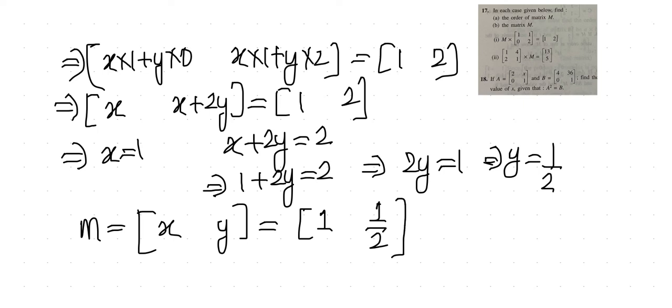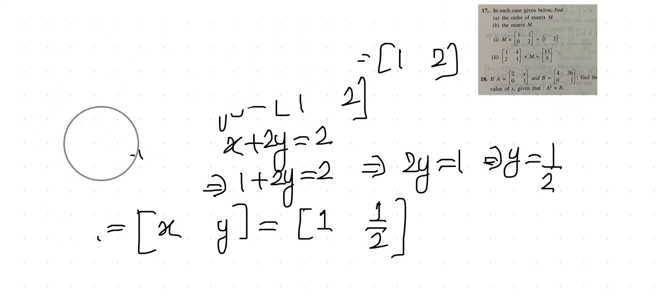Okay, so this is the way you will find the matrix. For an unknown matrix you will take A and B. Now if you move to sub-question 2, children, I'll explain how to do it so that you can do it yourself. In sub-question 2 they have given [[1,2],[4,1]], multiplied by matrix M, and the resultant matrix is [13, 5].